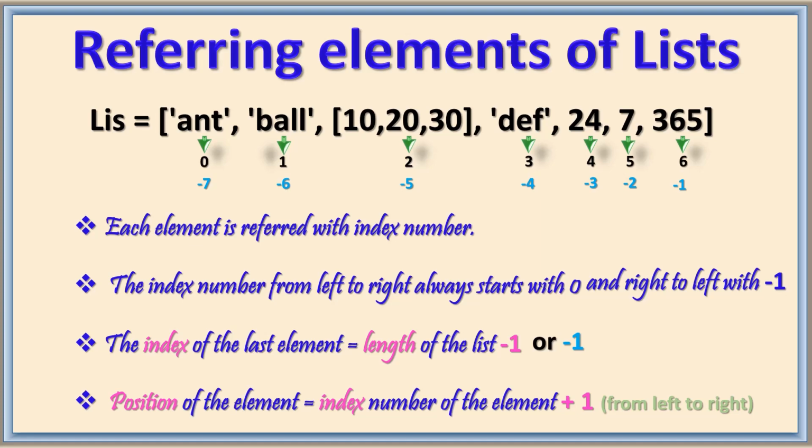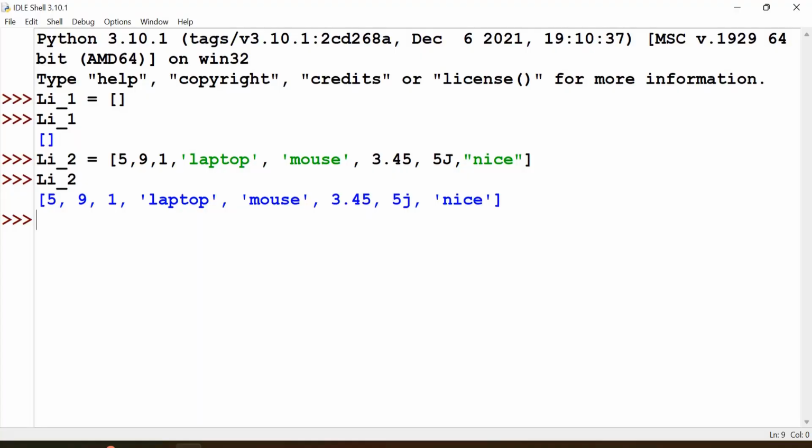If we want to say the position, then it is the index number plus 1 when we count from left to right. So let us understand clearly using IDLE. Here in li_2, 5 will have the index number 0, 9 will have 1, 1 will have 2, laptop will have 3, and so on. If I want to read the fourth element, that is laptop here, the index number is 3.